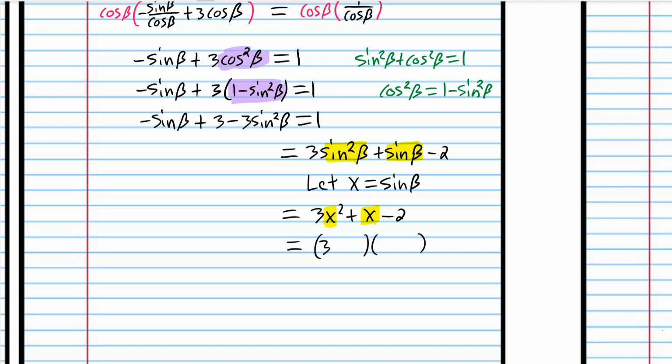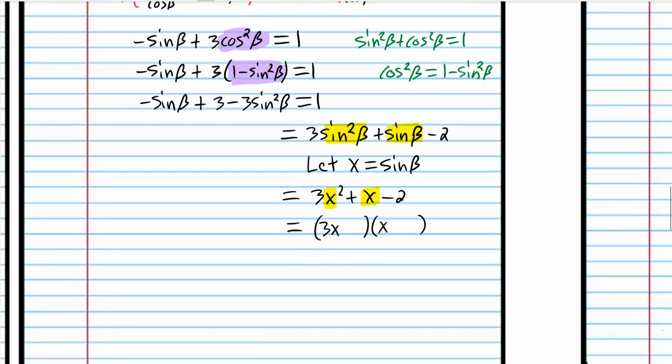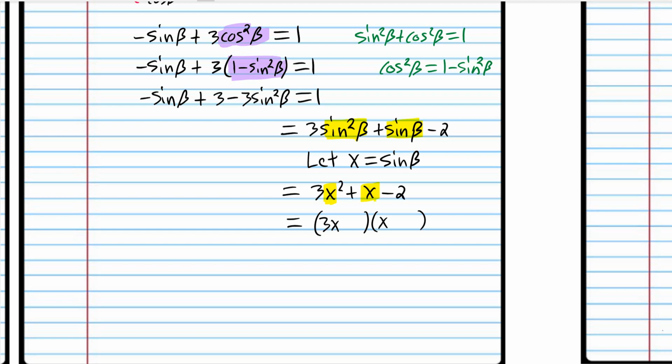So I'll write two sets of parentheses. And 3 times 1 is 3, so I'm going to try 3x and x. And what two numbers multiply to negative 2? Well, we could try maybe positive 1 and negative 2.